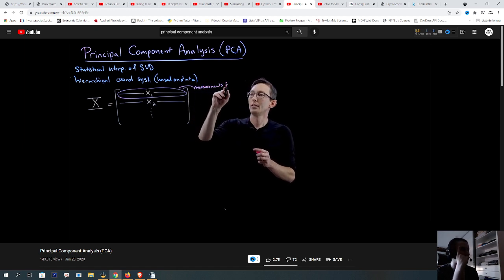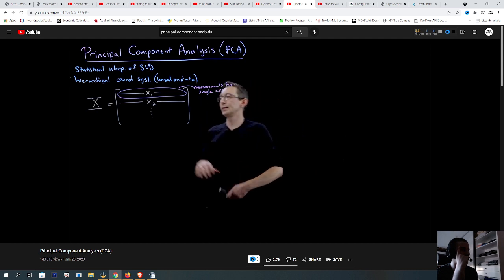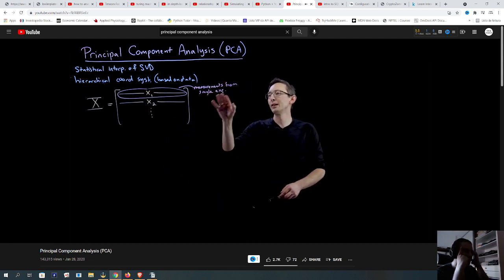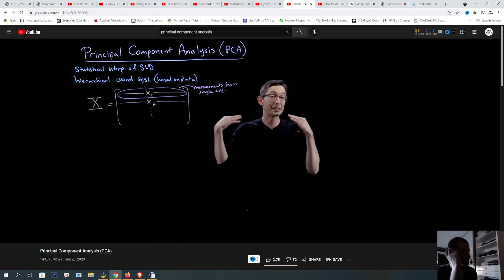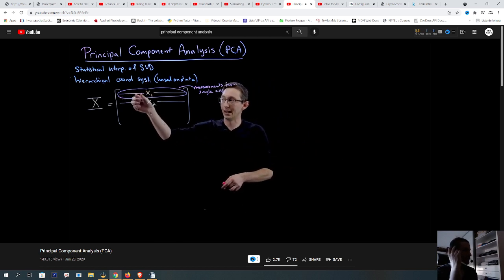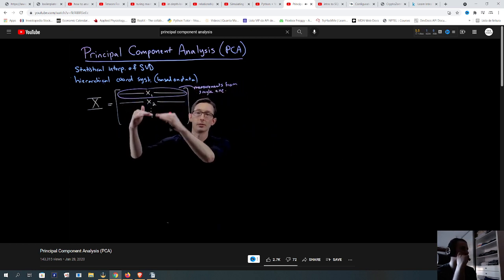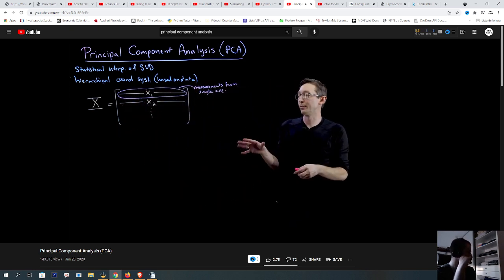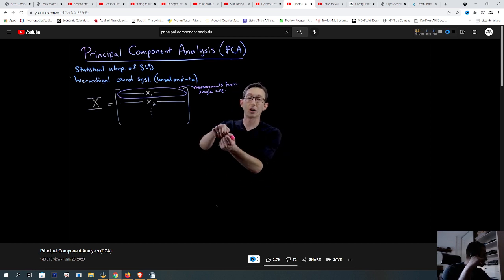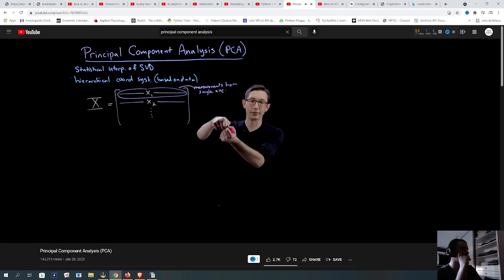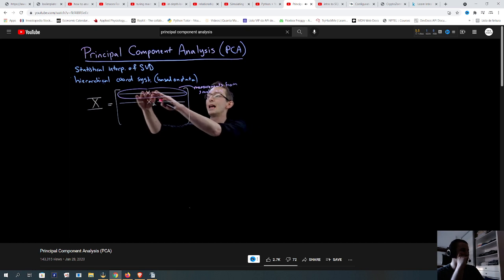So this measurement might be the demographic information from a specific human: age, weight, sex, race, et cetera. And then x1 would be person 1, x2 is person 2, and so on and so forth. So it's the same basic idea as before with our data matrix X, except now instead of columns having the information for a specific individual, that measurement from a single experiment, now we're going to have those be rows.